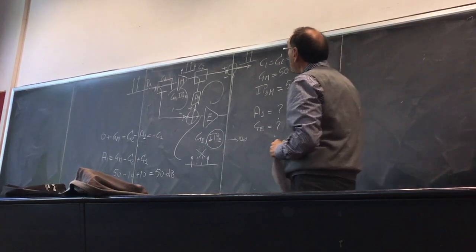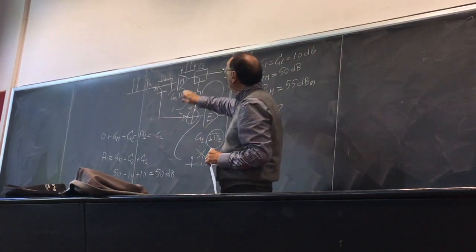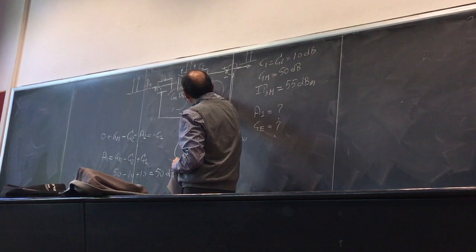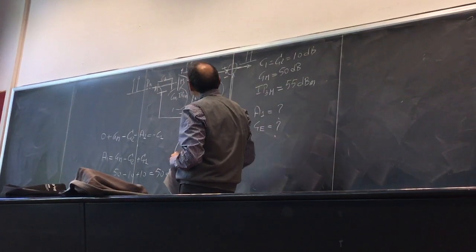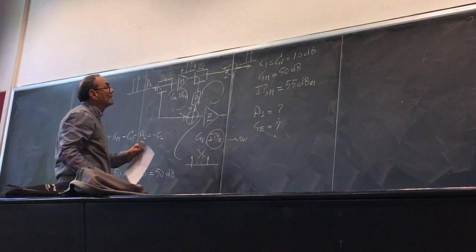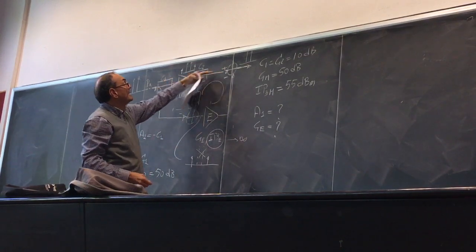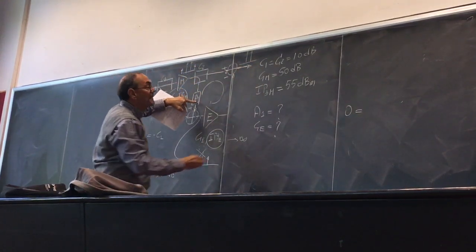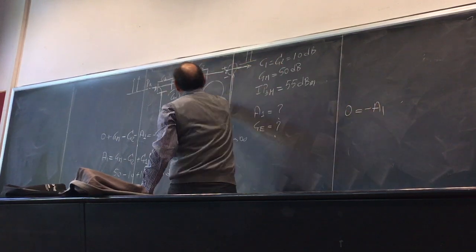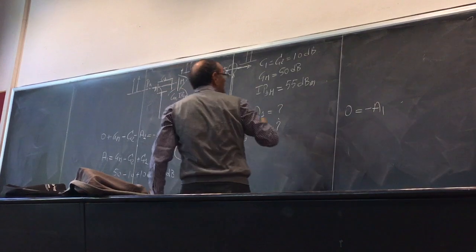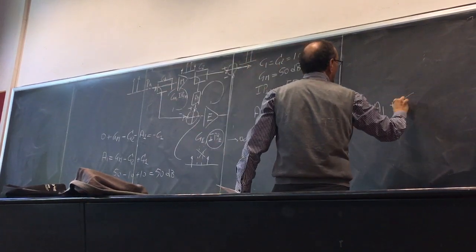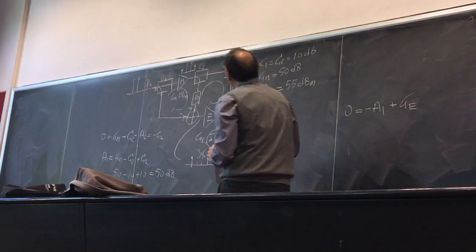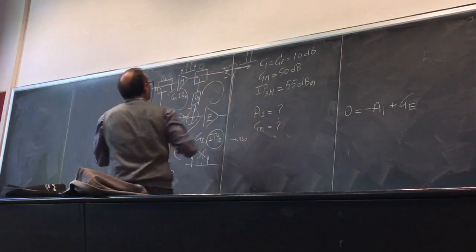Second loop, we repeat the same computation. We move from here and arrive here, and we move from here and arrive here. Sorry, I was wrong.